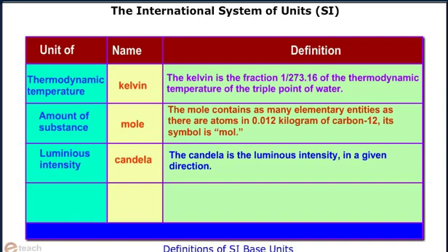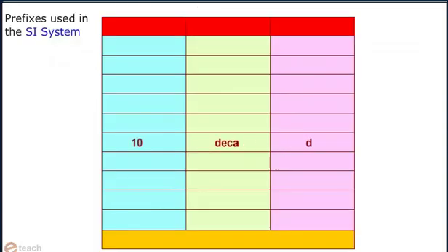Its symbol is mol. The candela is the luminous intensity in a given direction. These are the definitions of SI base units. This table gives us the various prefixes used in the SI system.